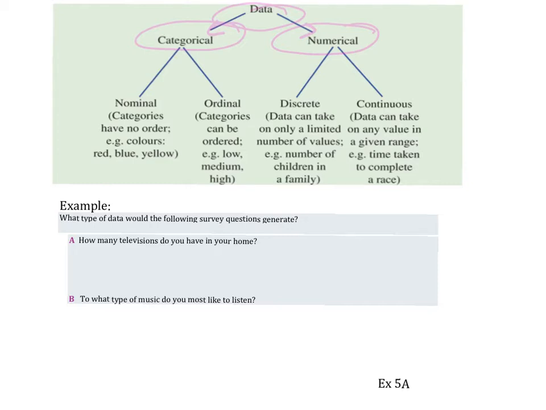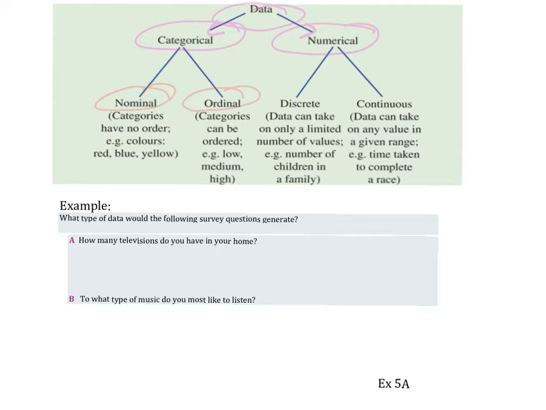Now, when we use words and put them into categories, we can therefore have nominal data or ordinal. Nominal is just when there is no particular order to our data. So hair colour, for example, is nominal. Eye colour, blue, green, hazel, black. Again, nominal data.